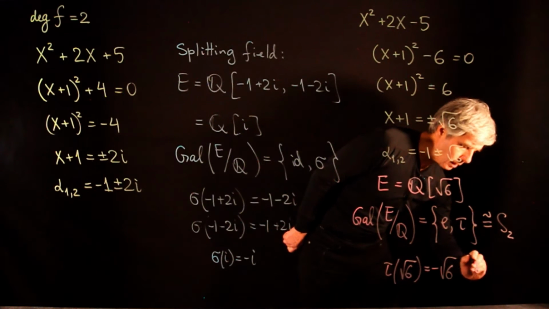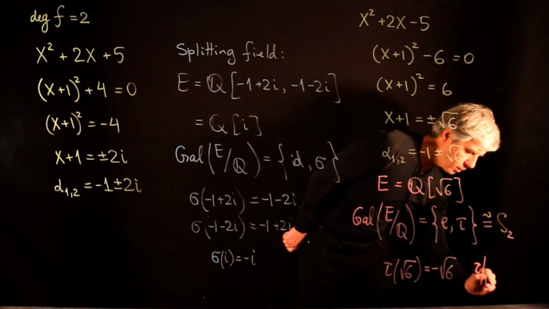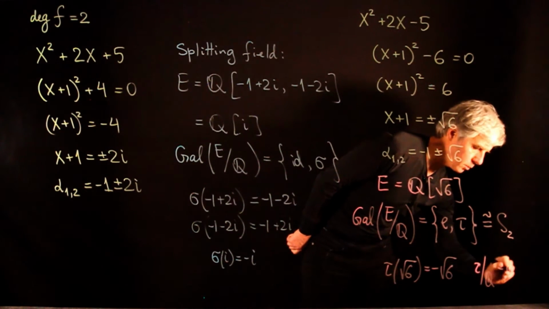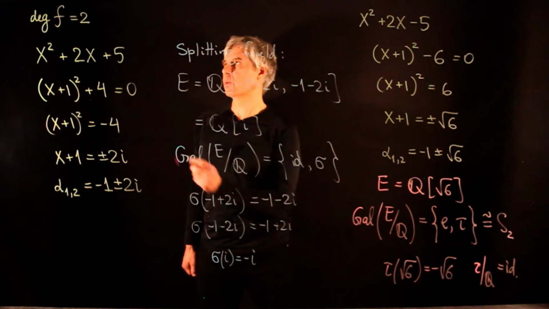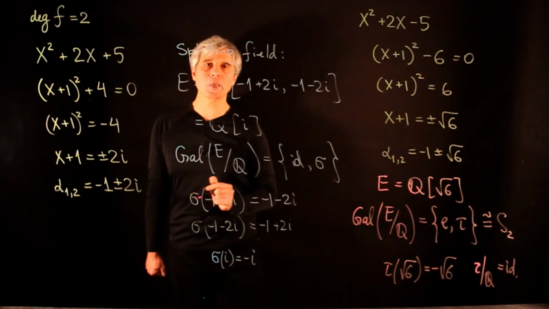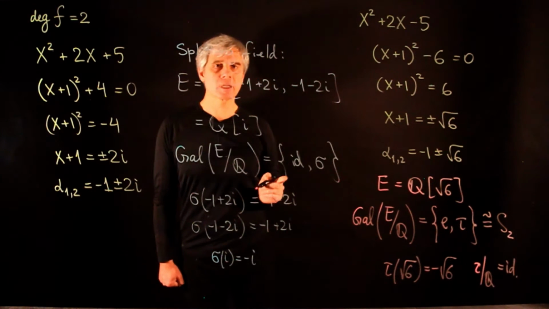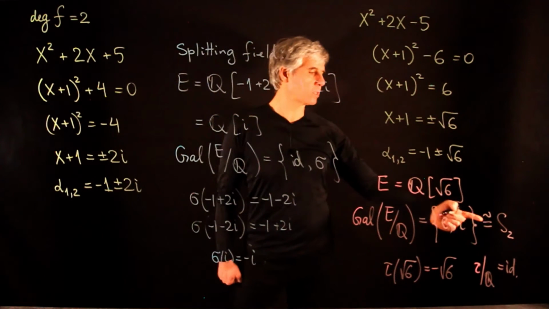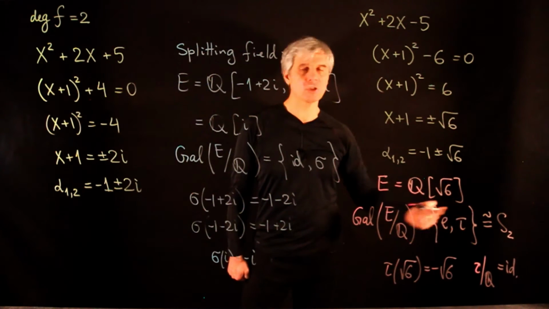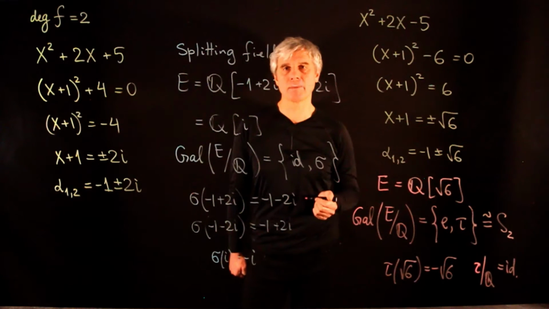And of course, tau restricted to rational numbers is the identity transformation. So we see here that if f is an irreducible polynomial of degree 2 in Q[x], then its Galois group has order 2, and it's the group S2 of permutations of the roots of this polynomial.